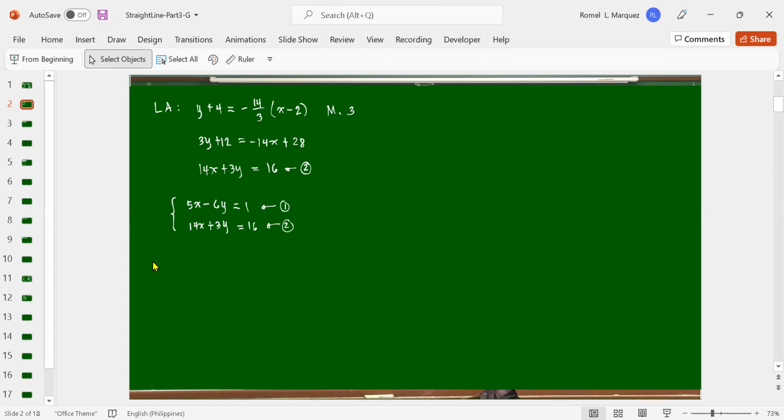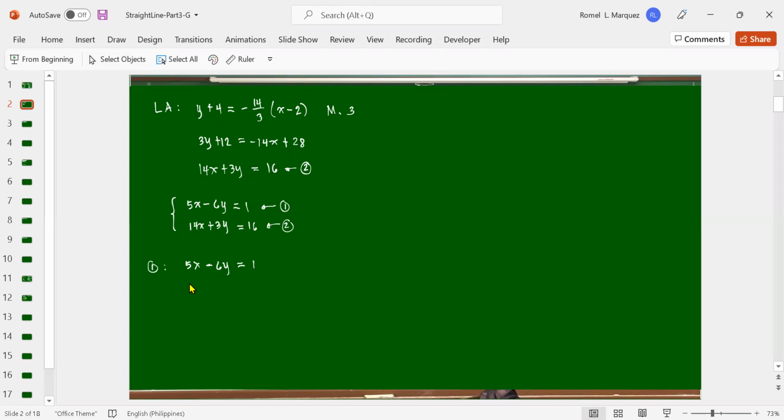So let's multiply equation number 1 by... if we want to eliminate y, we retain equation 1, no? Equation 1 is retained: 5x minus 6y equals 1.